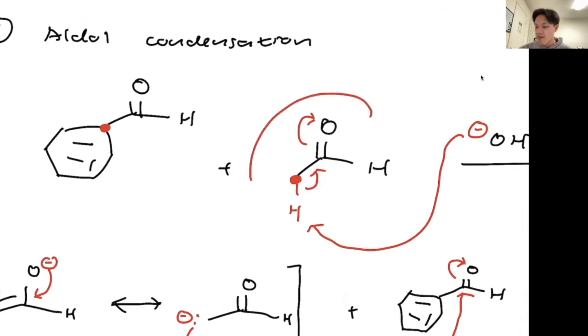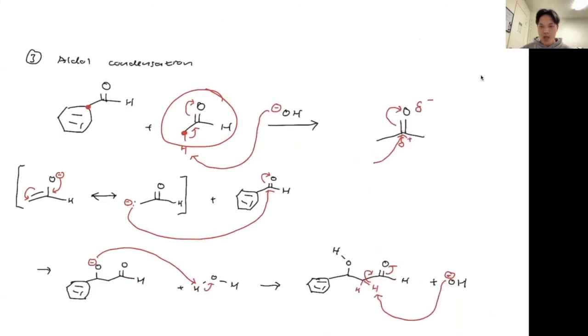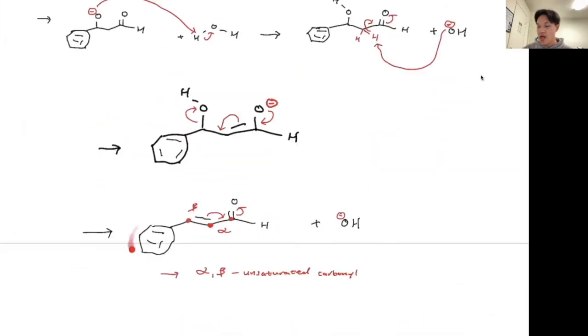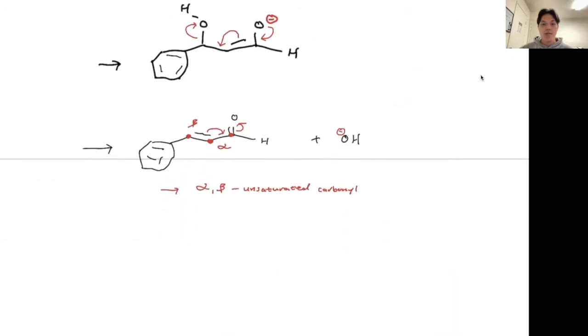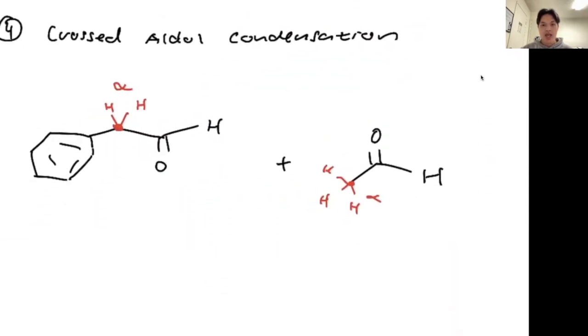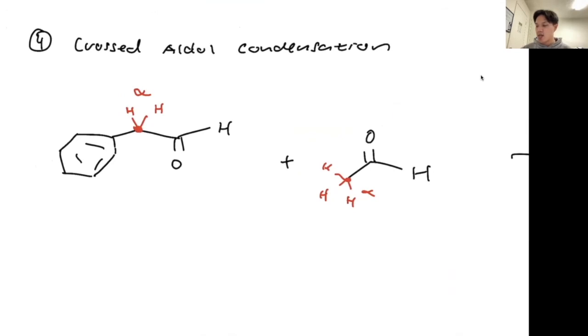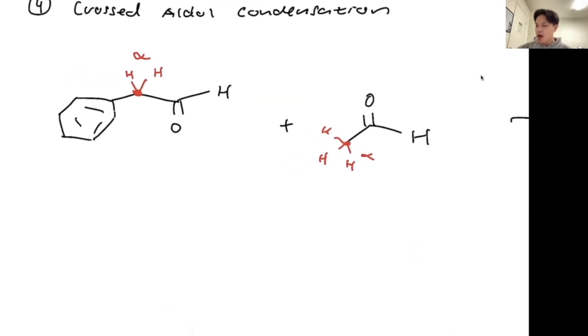We can only take it from this compound here, which led to only one product. But with this reaction, this can actually go multiple ways, because now not only can you take from this carbon and form an enolate with this compound, but you can also take it from this carbon and form an enolate with this compound.